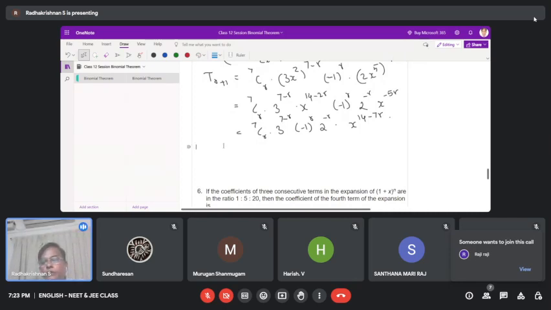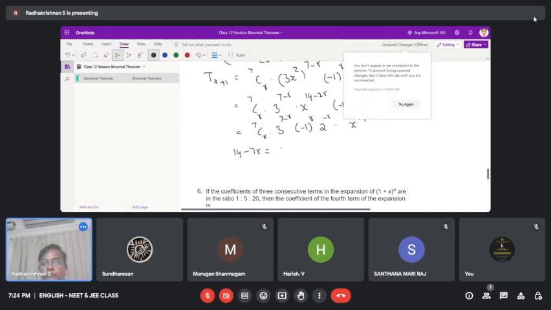Okay, so did you all get up to this? I hope so. Now, it's a simplification of tr plus 1, which is nCr into a power n minus r b power r. So you equate the power to 0 and you get the value of r. True, sir.